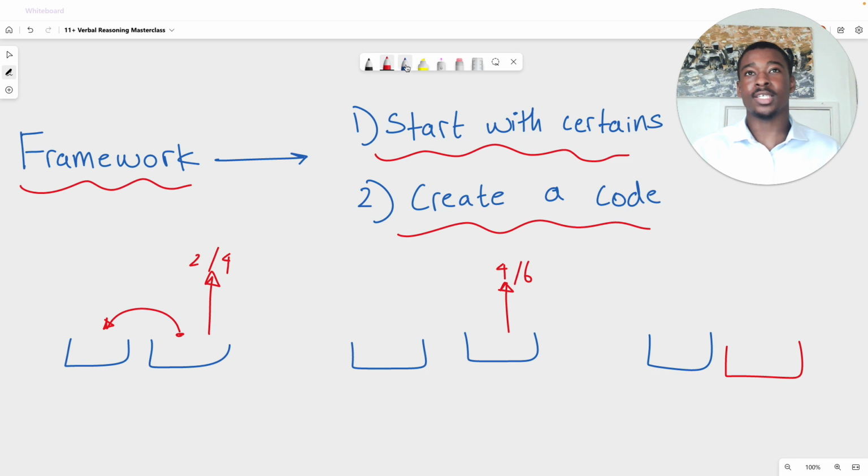And now you can see that by creating a code of where the letter comes from when it's not certain, we can now see that the letter must actually come from position 4 for our answer, because our first pair tells us position 2 or 4, and our second pair tells us position 4 or 6. So 4 is shared, and therefore it must be the real position. So let's see how this works on some questions.